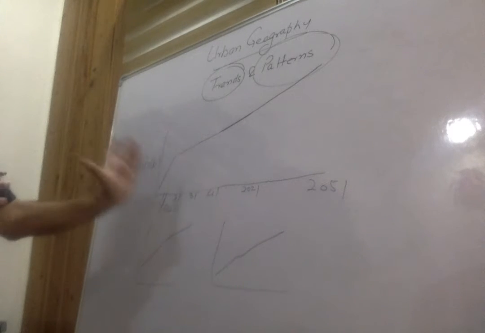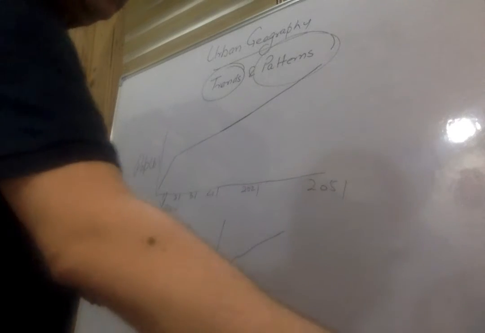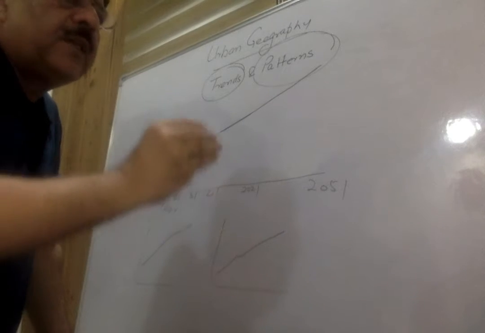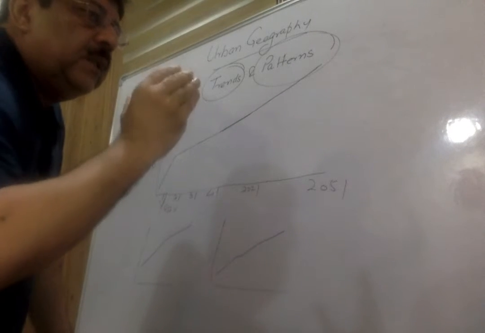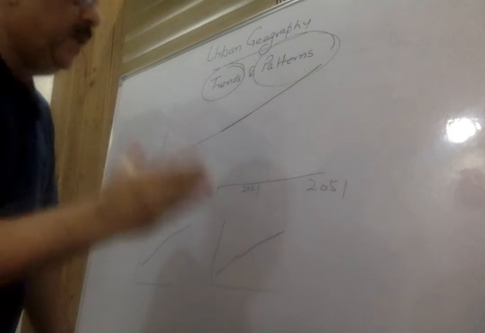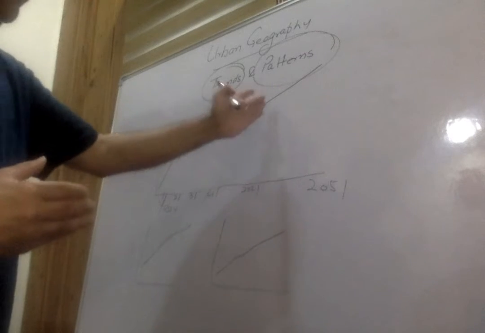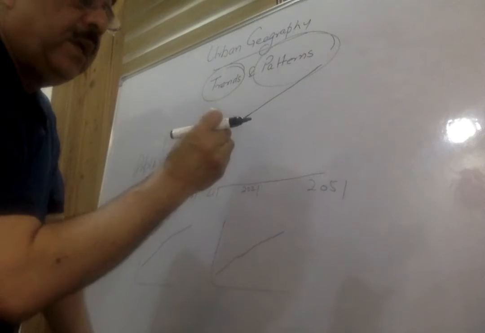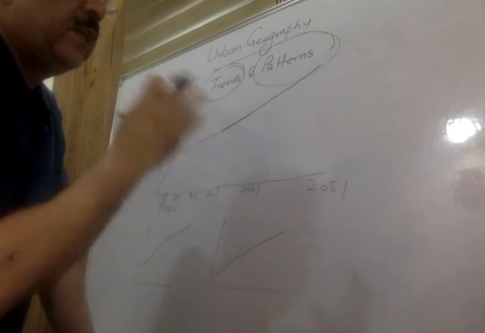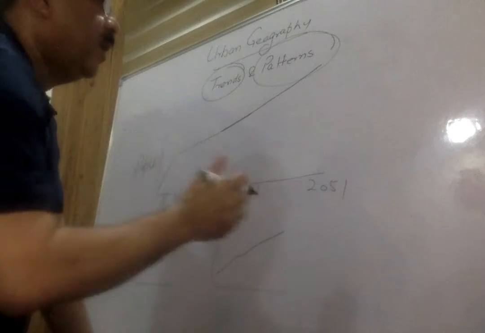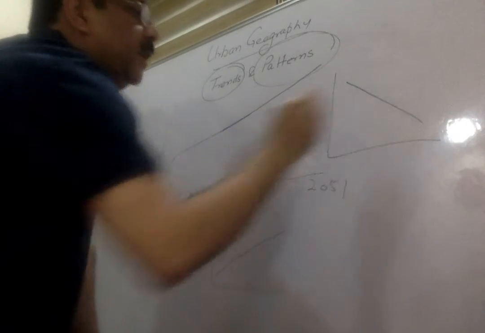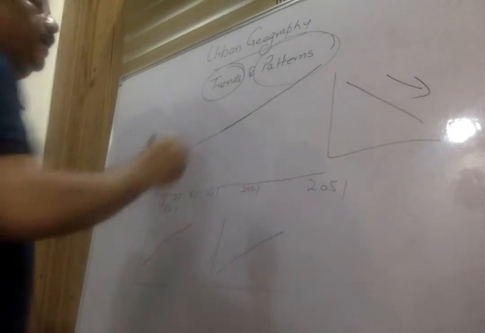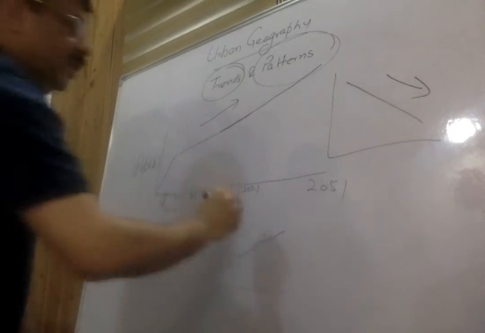Are you clear about trend? It can be any trend: your marks, your income, the sale of your shop, urbanization, world population. The trend is where things are going, in what direction. It may be going up, or maybe something is decreasing. It is a decreasing trend, or an increasing trend. Okay?